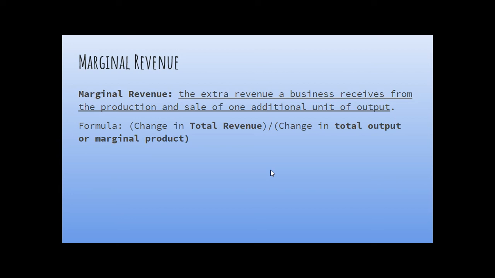Okay, so it's going to be change in total revenue divided by change in total output.